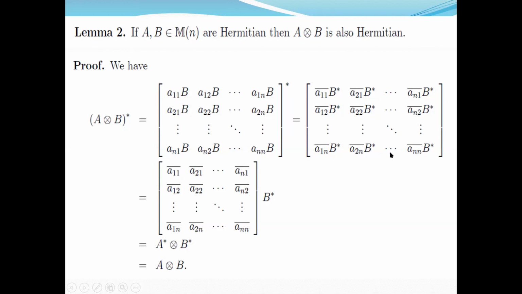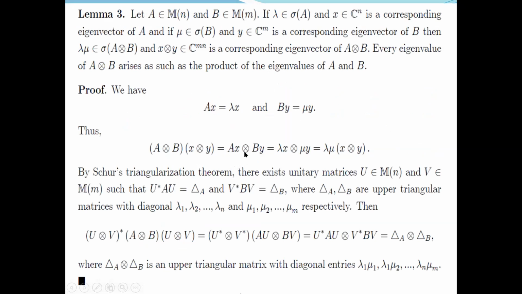And so by definition, this matrix is the tensor product of A conjugate transpose with B star, that is A star tensor product B star. So this equals A tensor product B, because A star is A and B star is B. So if A and B are Hermitian, then A tensor product B is also Hermitian.